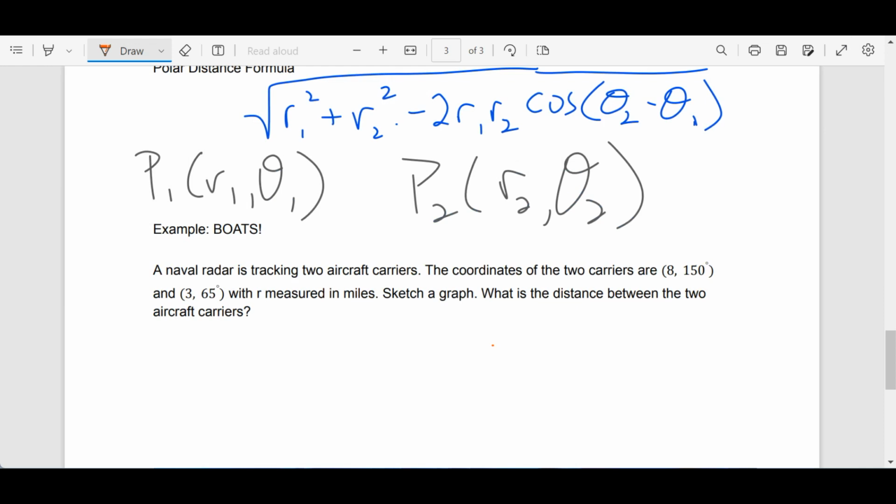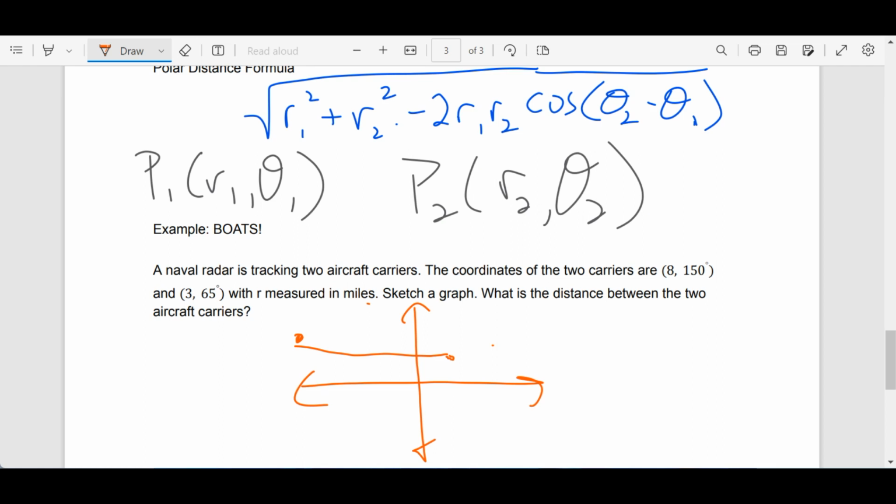We got a little word problem for us. So we have 2 points we need to draw, which would be kind of hard to draw, but I'll estimate a little bit. So (8, 150). It'll be all the way out. I'll probably move it over a little more. Call it right there. And (3, 65). So about right there. And we need to find that distance right there.